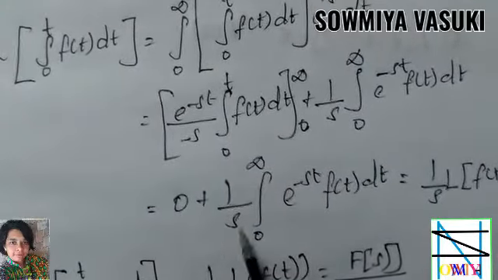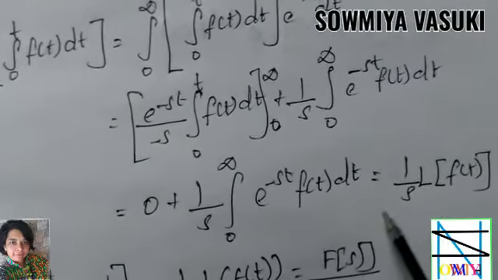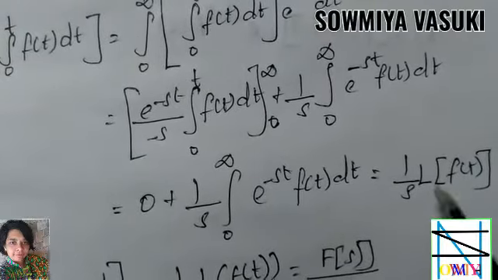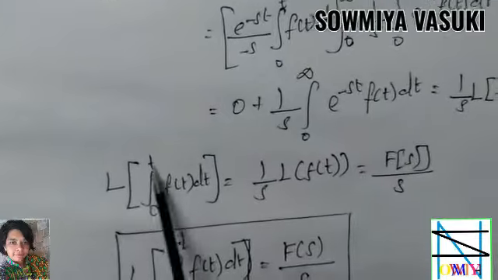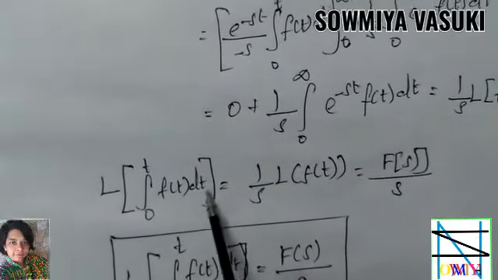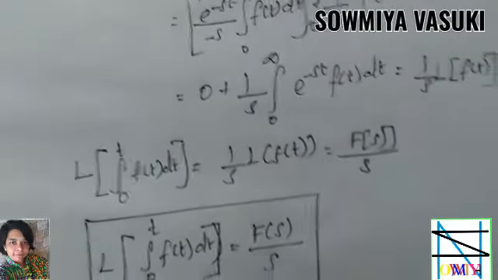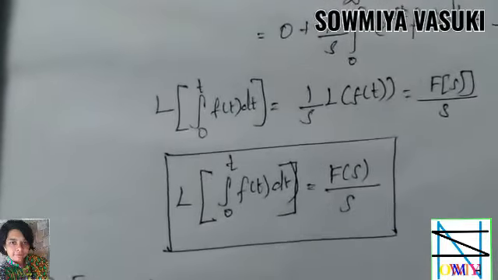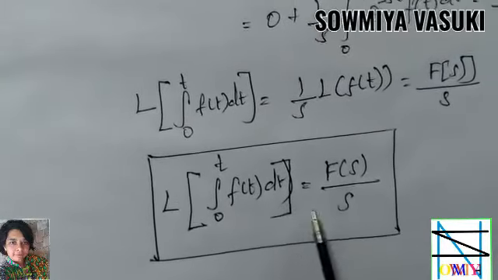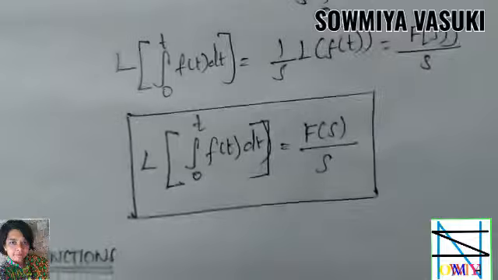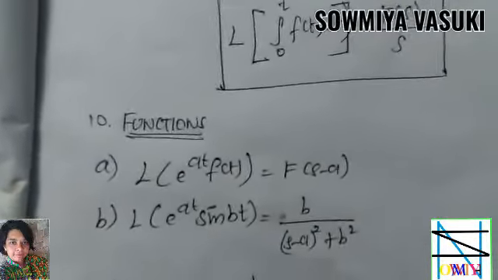So 0 plus 1 by s times the integral from 0 to infinity of e^(-st) f(t) dt, which is equal to 1 by s L of f(t). So L of the integral from 0 to t of f(t) dt is equal to F(s) divided by s.